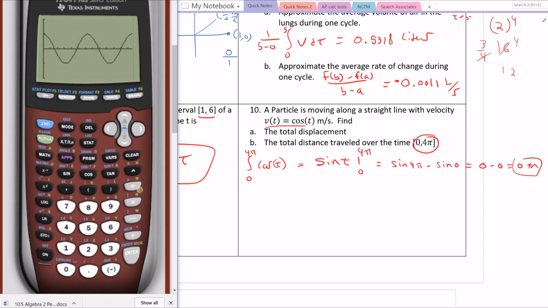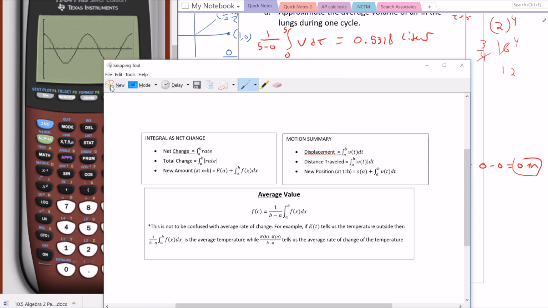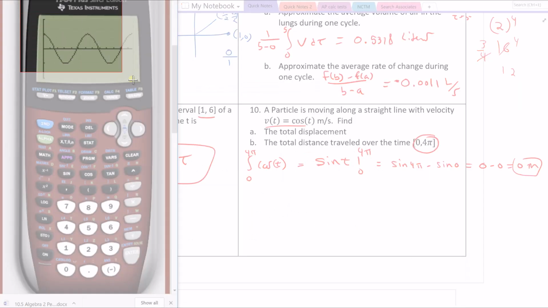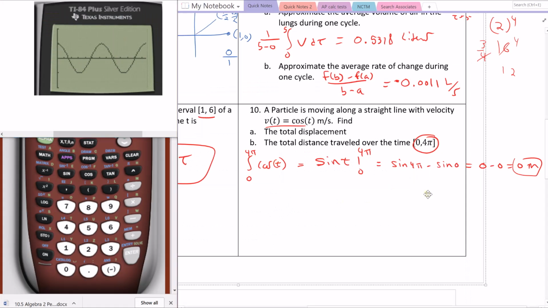If you notice at the end of the graph, it's the same. Or if you calculate all the positive and negative areas, they would all cancel each other out. So you stopped where you started, which is why question B is interesting. Let me do something so I can actually draw on this.